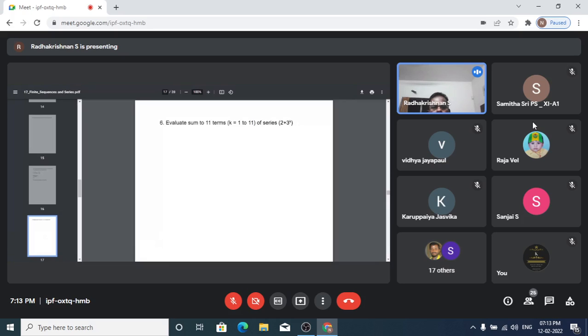Evaluate sum to 11 terms, k equal to 1 to 11, of the series 2 plus 3 power k.